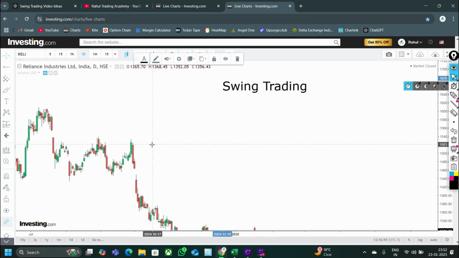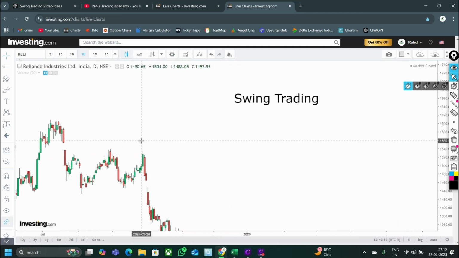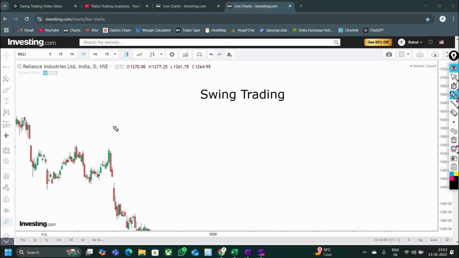Swing trading is basically a trading where we capture a swing and take profits. Whenever the market moves, it doesn't go straight up or straight down. The market goes up, then slightly down, then slightly up, then slightly down, then it booms and goes up.